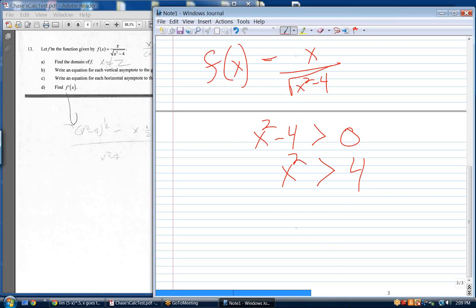And now if we take the square root of both sides, we get x has to be greater than 2, and for the other half of that square root, you switch the inequality sign, and x has to be less than minus 2. In other words, x cannot be between minus 2 and 2, or you will violate the domain.